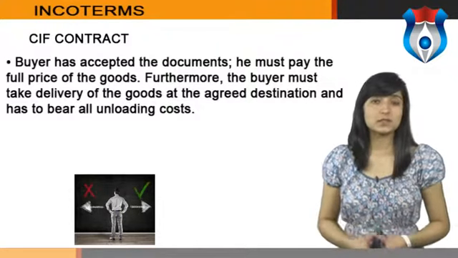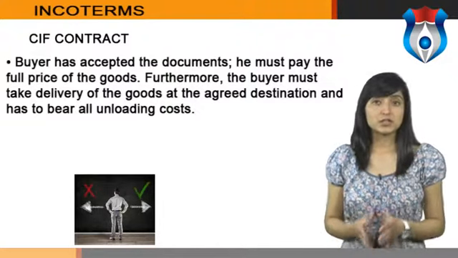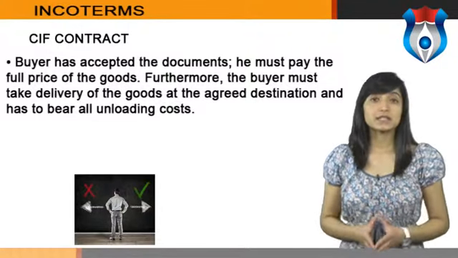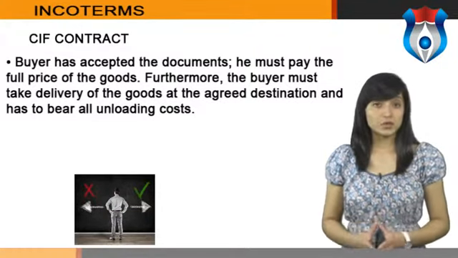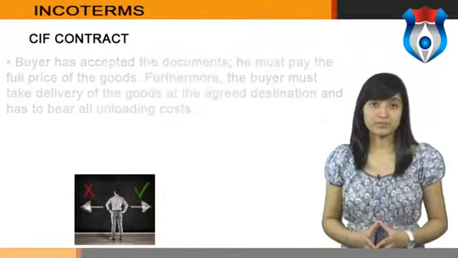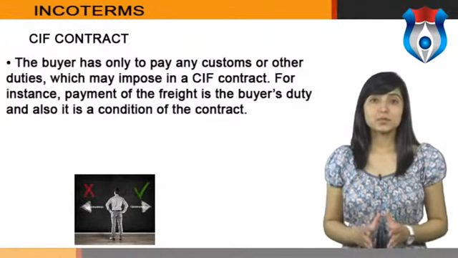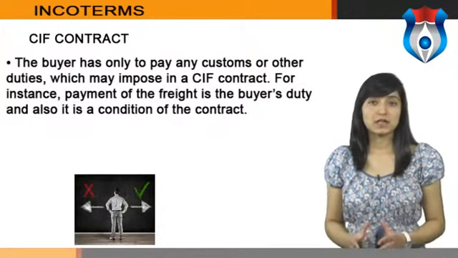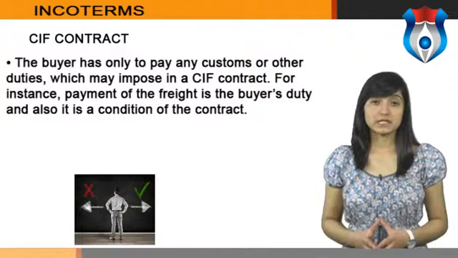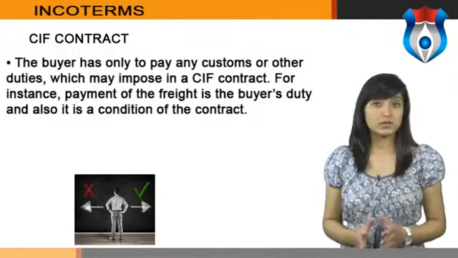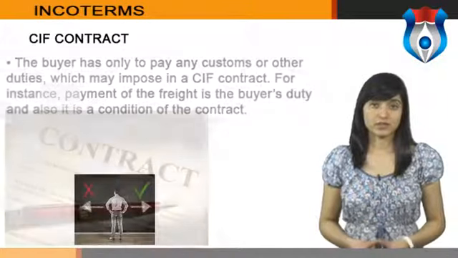Once the buyer has accepted the documents, he must pay the full price of the goods. Furthermore, the buyer must take delivery of the goods at the agreed destination and has to bear all unloading costs. The buyer has only to pay any customs or other duties which may be imposed in a CIF contract. For instance, payment of the freight is the buyer's duty and also it is a condition of the contract.